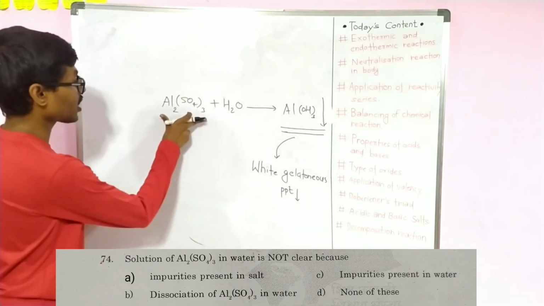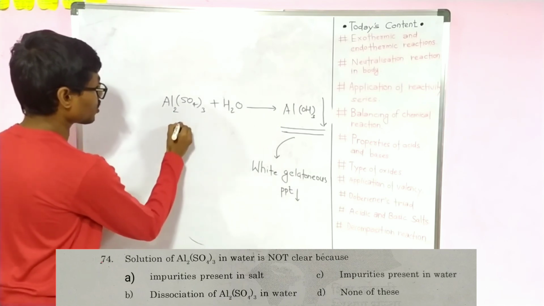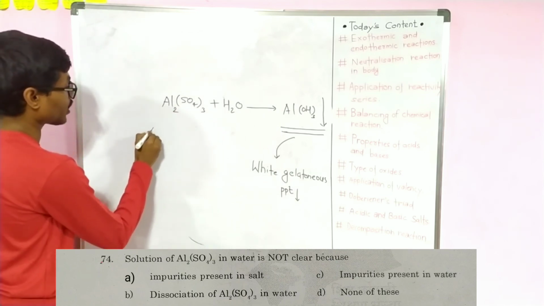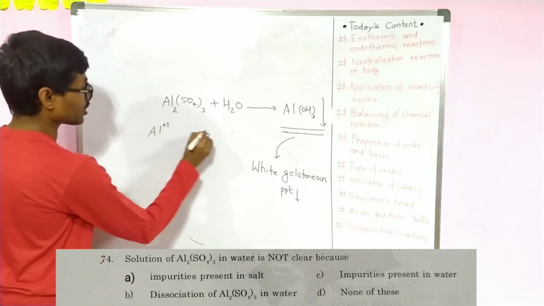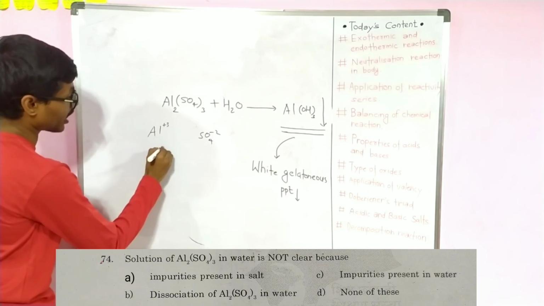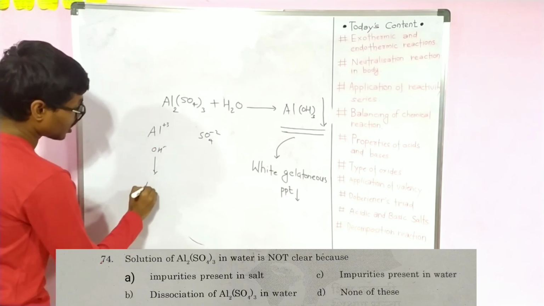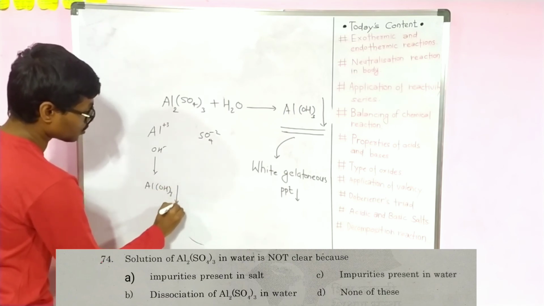Now when we add aluminium sulfate to the water, its components will decompose into Al plus 3 and SO4 minus 2. Aluminium plus 3 combines with OH minus and forms Al(OH)3, which is the white gelatinous PPT.